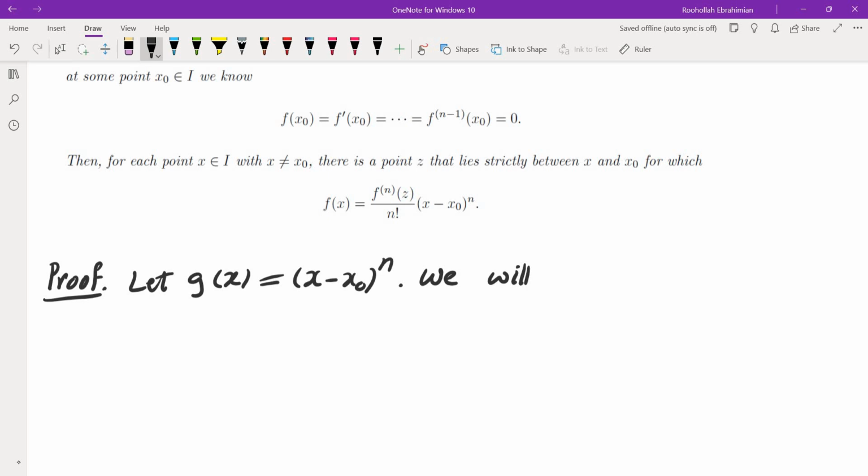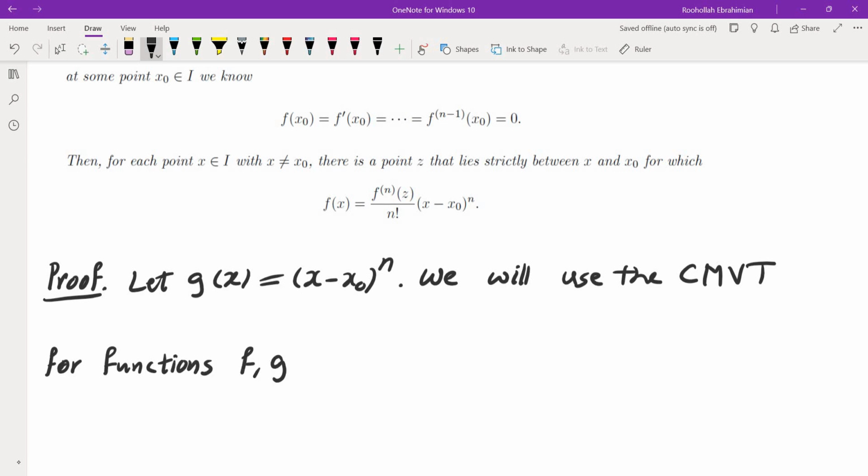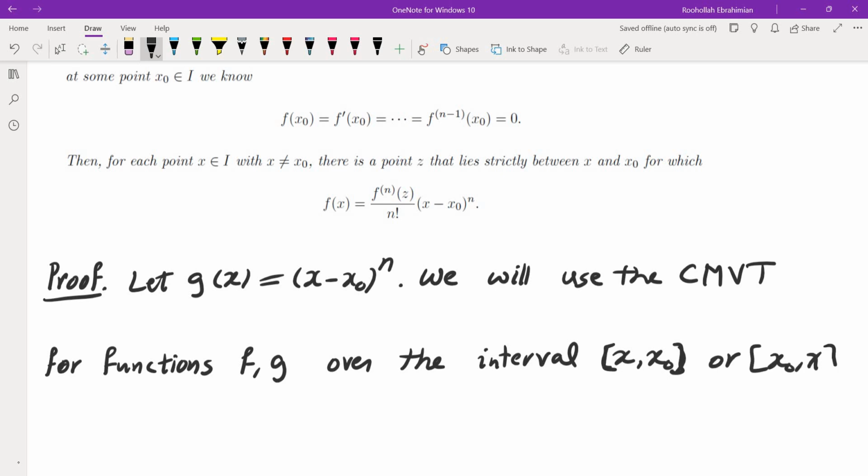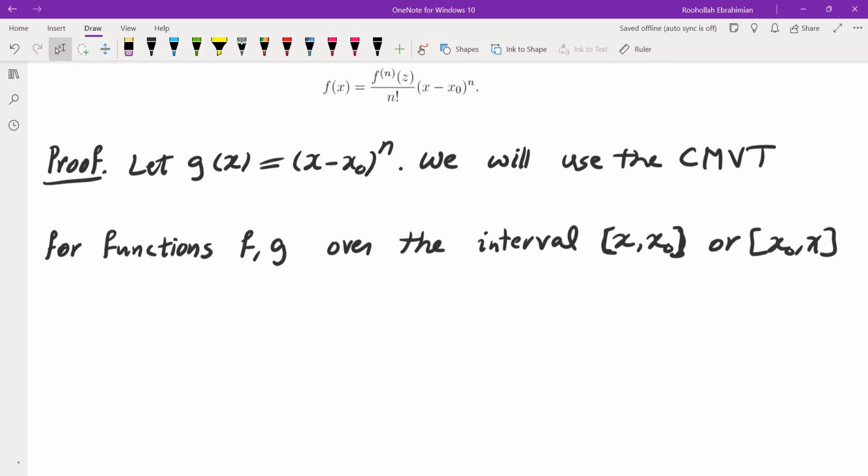We will use the Cauchy Mean Value Theorem for functions f and g over the interval x to x naught, or x naught to x, depending on which one is larger. If x is larger, then it would be x naught to x. If x is smaller, then it would be x to x naught.